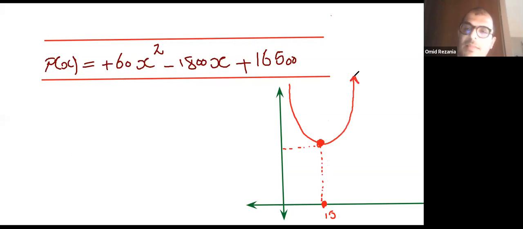The plot is moving all the way up. And this point is going to be 3000.